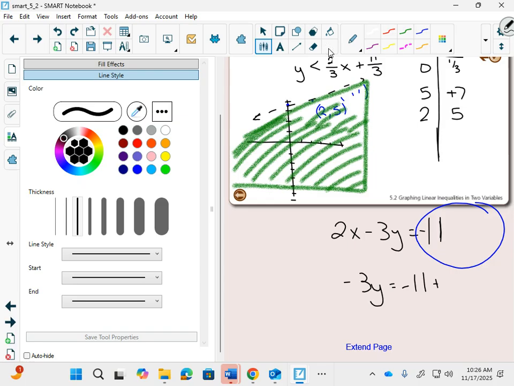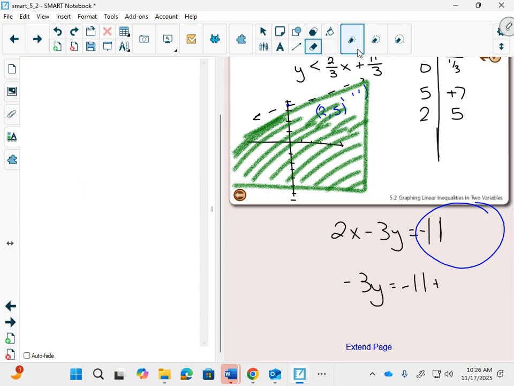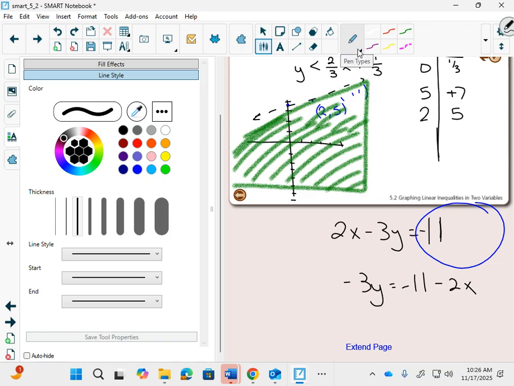Divide by 3. I'm going to have to divide by 3 in the end. So I need the right-hand side to be a multiple of 3. I might have gone with x equals negative 1. Negative 11 plus 2 is negative 9. Perfect. I've got one.